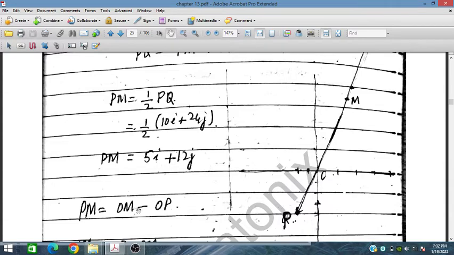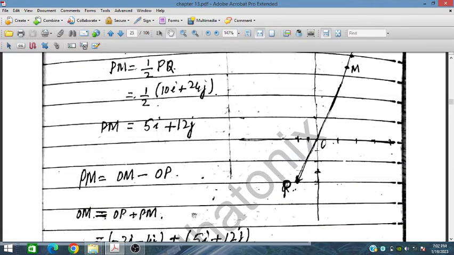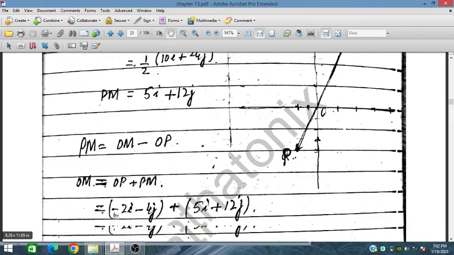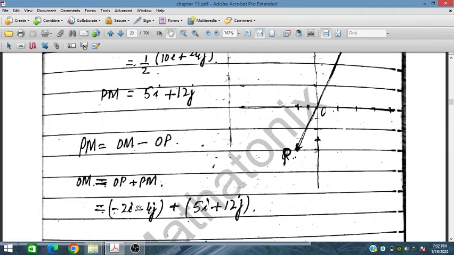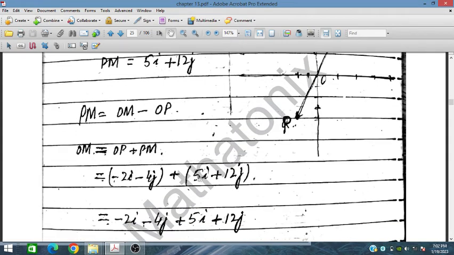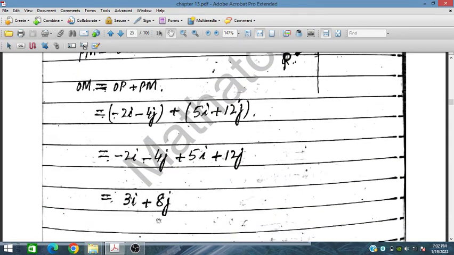So PM is OM minus OP. In this way OM can be obtained as OP plus PM. This OP can be shifted to this side, so OM is obtained as this. So it becomes 3i plus 8j.